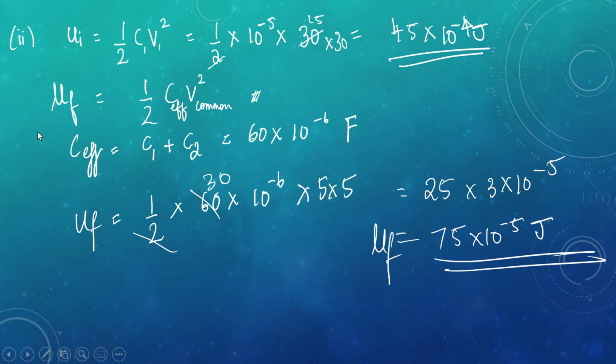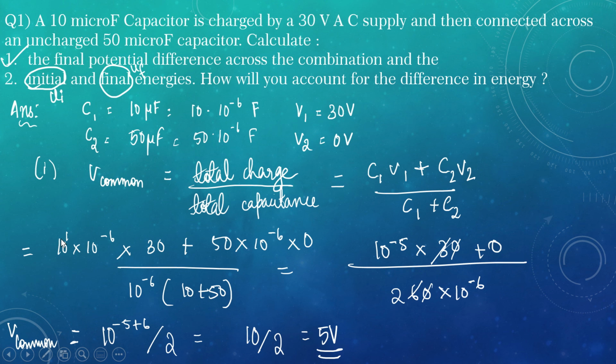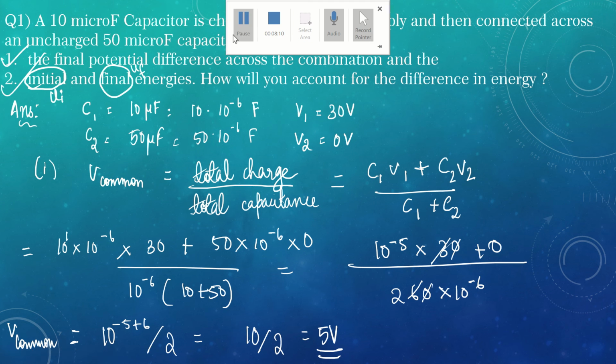Okay, so UI is the initial energy. This is the final energy. How will you account for the difference in energies? So now we have found the initial and final energies. The next question is, how will you account for the difference in energy?